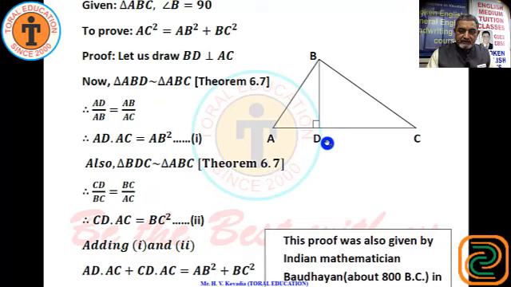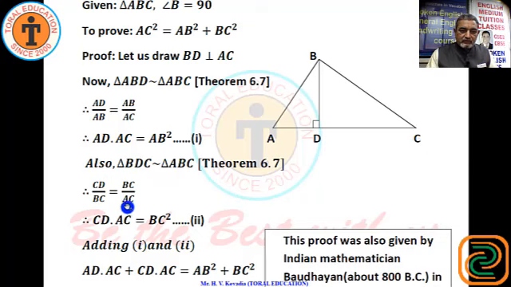This is the perpendicular BD and it is drawn on the hypotenuse AC. So the smaller triangle is similar to the whole triangle. CD upon BC equals BC upon AC, the whole triangle.